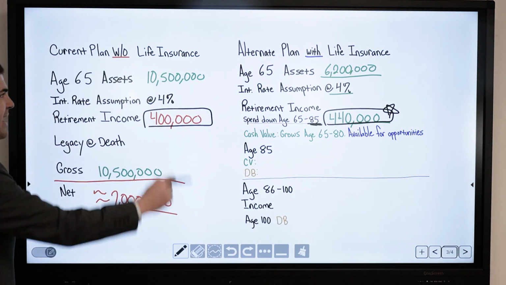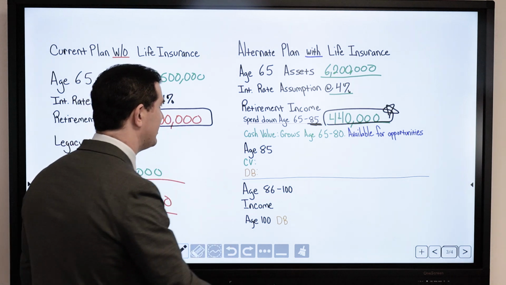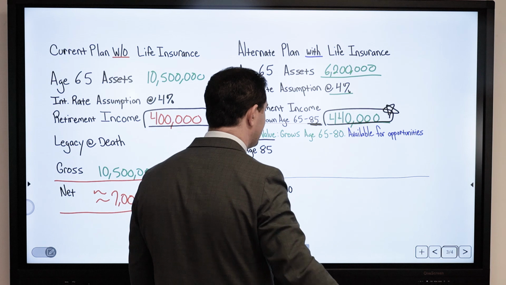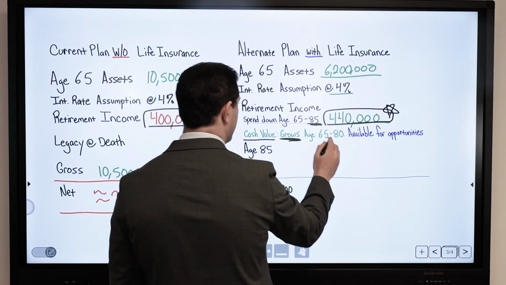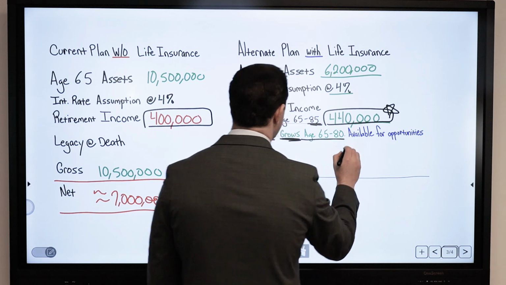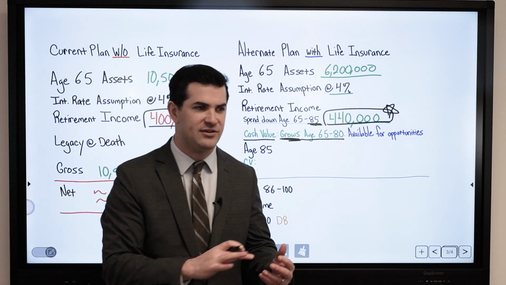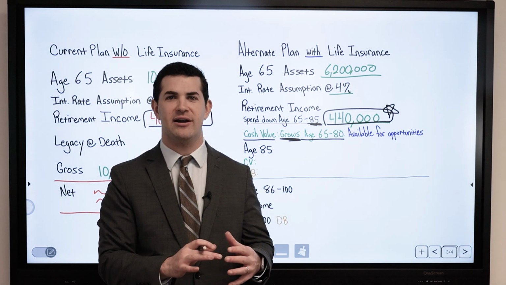On the example on the left, you still have $10.5 million. Here's the difference. Cash value, we still have that policy. It is growing the whole time we're spending down our other assets, 65 to 85. Now remember, with a whole life insurance policy, when it's structured right, set up properly, I've got the guarantees associated with the product.